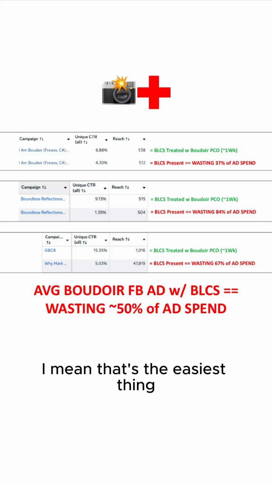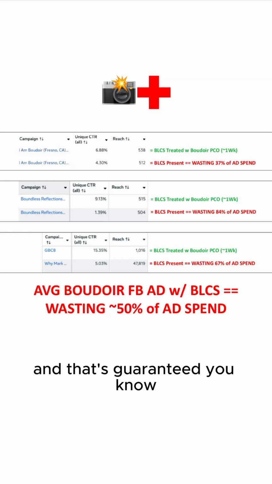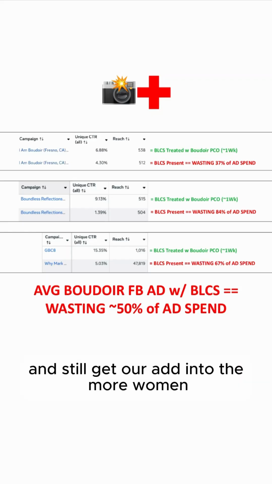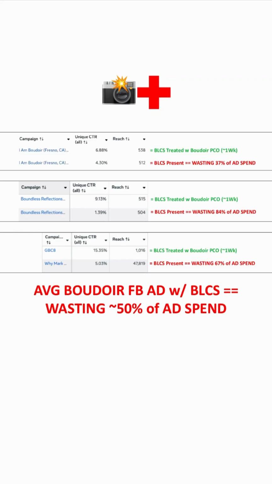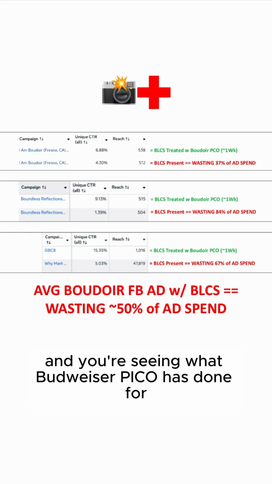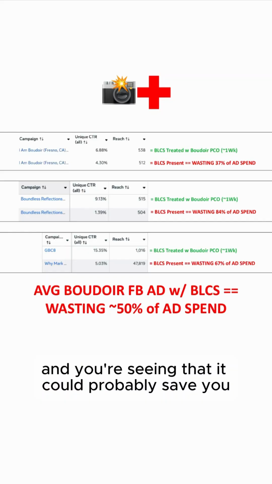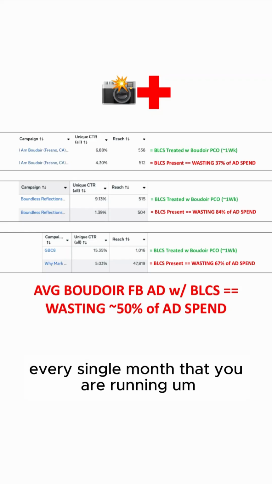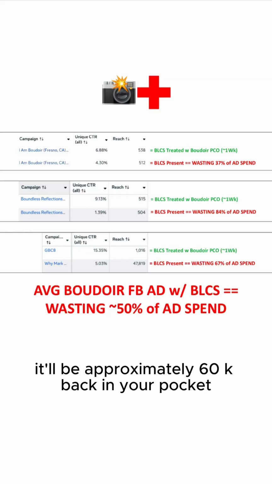That's the easiest thing, because when we eliminate that, we can bring our costs down, and that's guaranteed savings, guaranteed ROI, and still get our ad into the same number of women's brains at less cost, less spend. And you're seeing what Boudoir Pico has done for other Boudoir Facebook ads, and you're seeing that it could probably put back in your pocket approximately 5K every single month that you are running your Boudoir Facebook ads. So at the end of 12 months, it'll be approximately 60K back in your pocket for no extra effort.